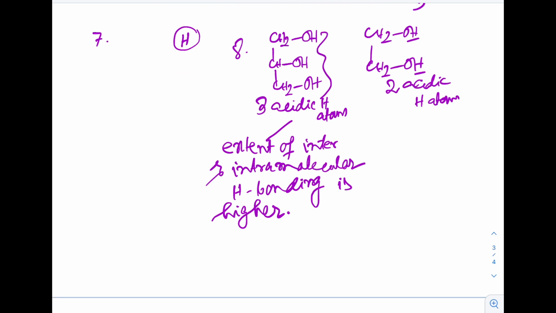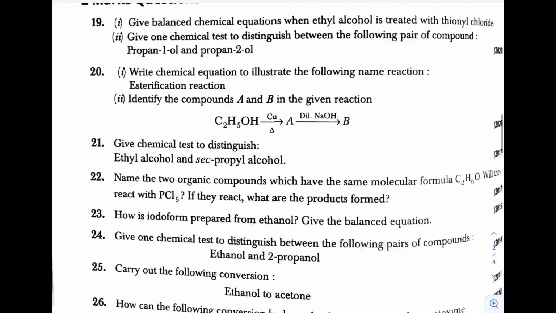Now one thing you have to remember, the higher the extent of H bonding, the higher will be the viscosity. That's why glycerol is more viscous due to its higher extent of H bonding. Next we'll move to question 9.